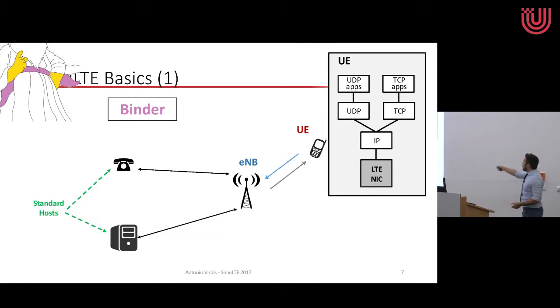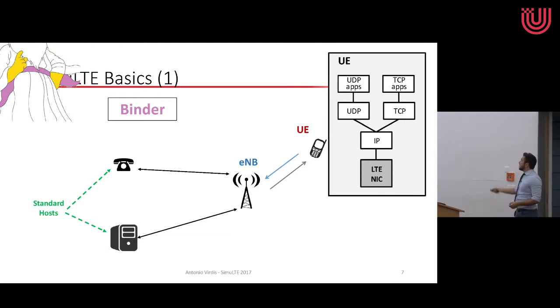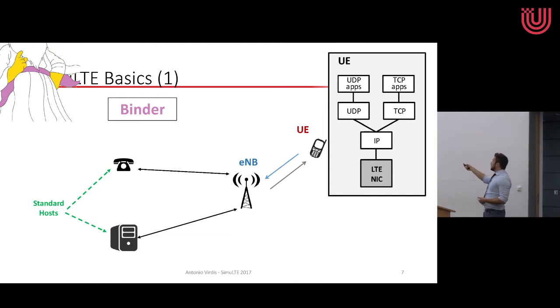The architecture of, for example, the user equipment is a classical layered architecture. The white elements are taken from INET, so we have UDP and TCP, application layer, and transport protocols taken from INET, as well as the network layer.